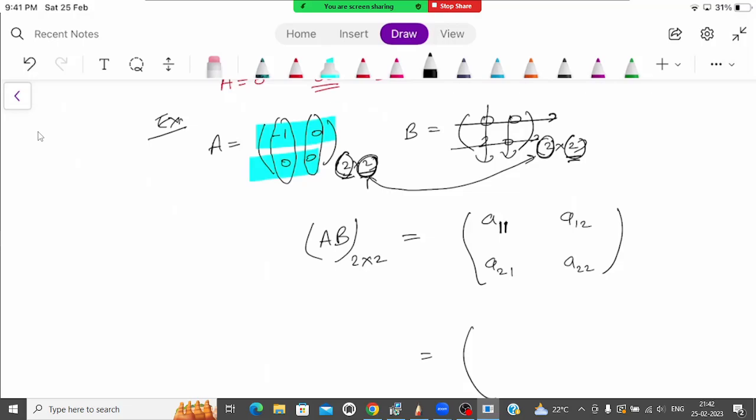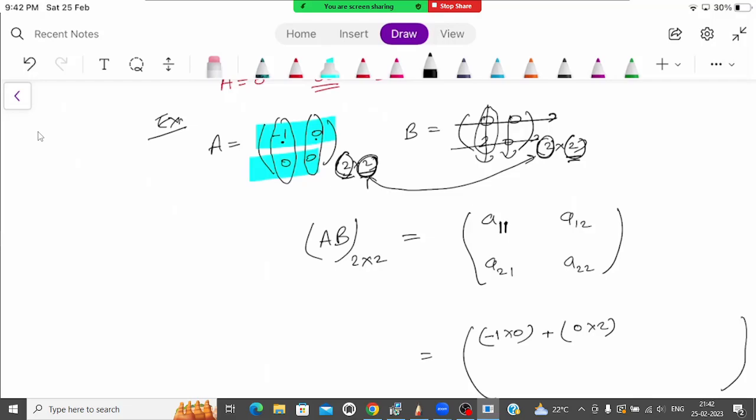The first row of A is -1 and 0, and the first column is this one. So -1 into 0 plus 0 into 2. We will get 0.